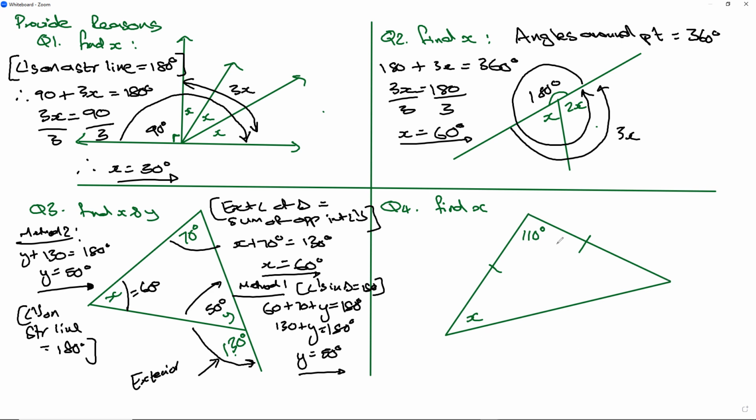Over here we've got an isosceles triangle. That is actually a reason, or part of the reason. So therefore this angle must be equal to x. So these are base angles of an isosceles triangle, which are equal. And that's another reason: base angles of an isosceles triangle.